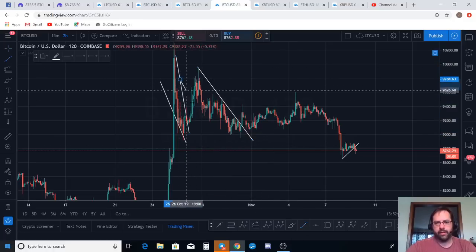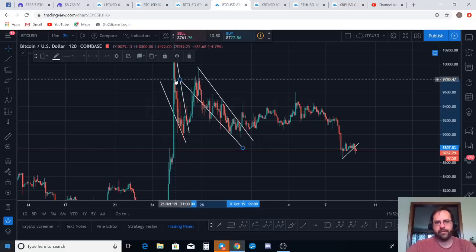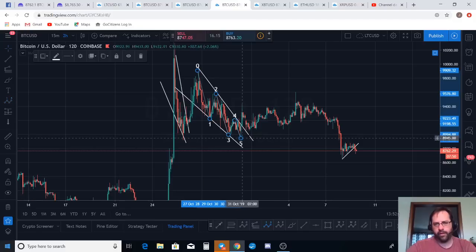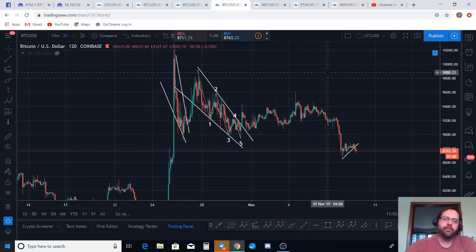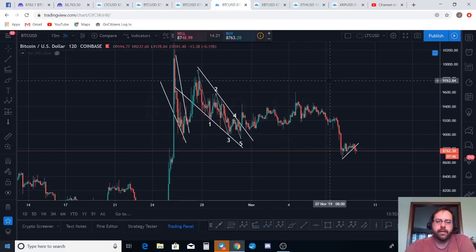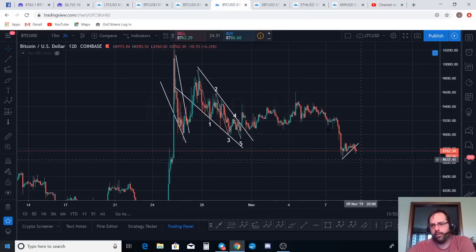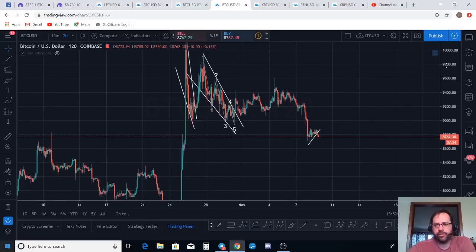In other words, this is a 1 wave, and it's a diagonal shape. A diagonal is going to have 5 waves in it, so I'd be counting it like this: 1, 2, 3, 4, 5, right there. I don't like that count a whole lot, but I'm giving it some attention as a potentiality. So if that's the case, I've got a 1, 2, and this is a 1, and this is a 2 wave, and what we're getting now is a really, really large 3 wave.